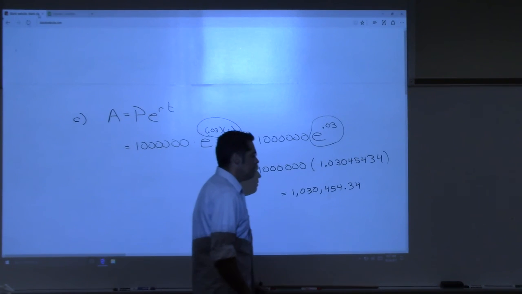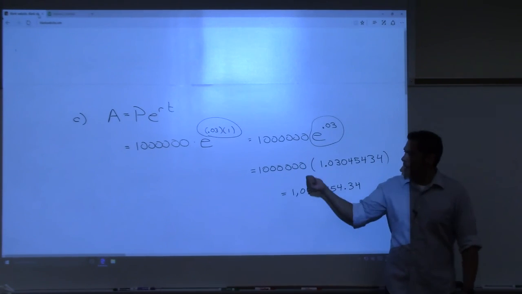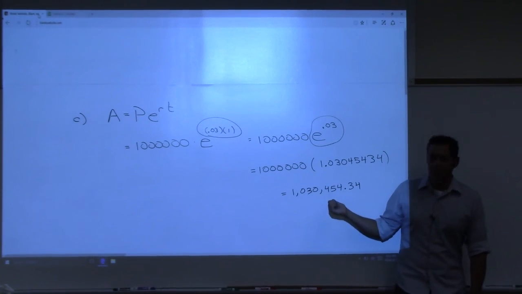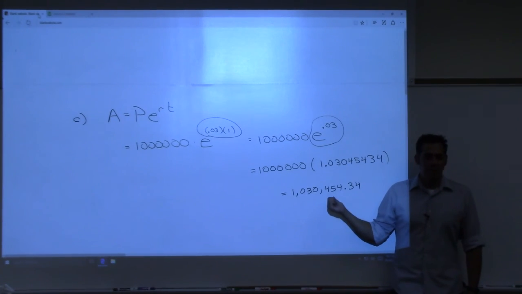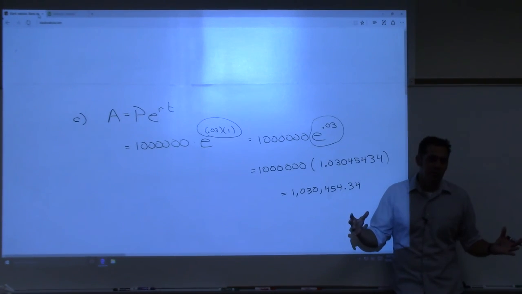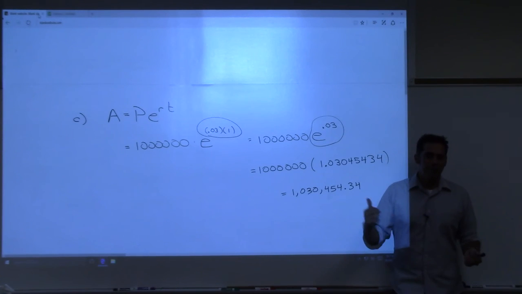No. So look, do you see how compounding it continuously gave us the biggest number? But it wasn't like dramatically bigger, right? So banks use this formula because when they loan out money, they want that to be the biggest number. But they also pay the people who loan them the money.